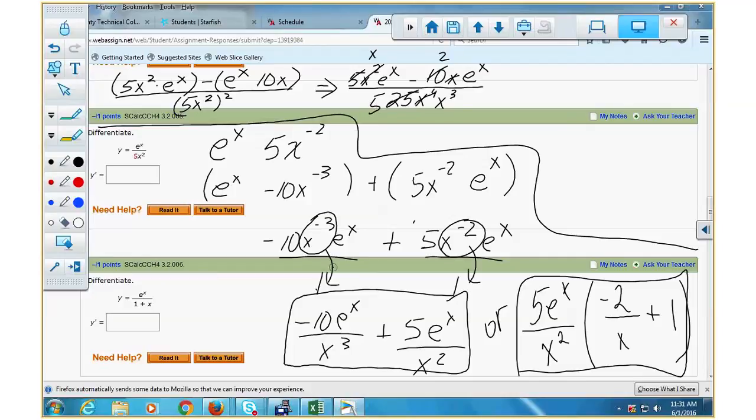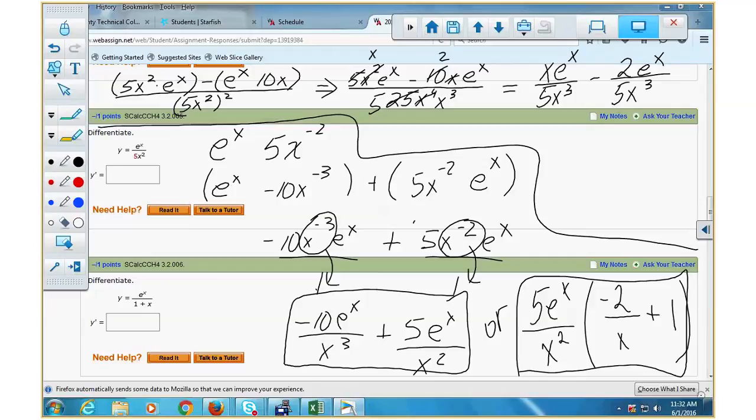Yeah, e to the x. So looks like we can do, the e to the x can't cancel. We can factor it out. But let's write what we got because we got a mess. We got x e to the x, right? x e to the x over 5x cubed minus 2 e to the x over 5x cubed, sorry.